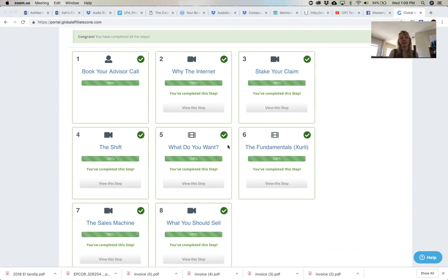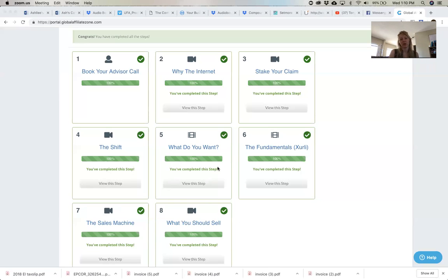So this step has the same 10 questions that they have to answer, like what has them wanting a change, what was their line in the sand moment, what have they put aside for advertising costs, what have they put aside for investment costs for a business, what's their dream day look like, how much are they committed to making in the next 12 months, things like that.